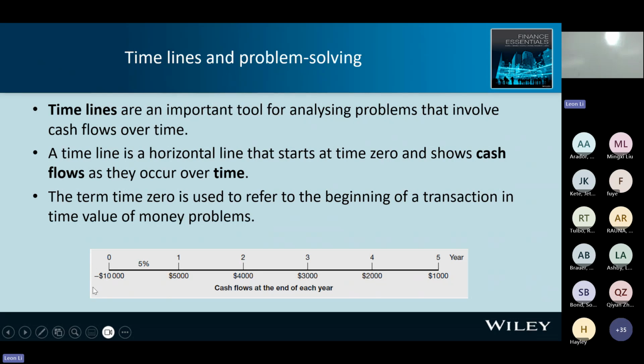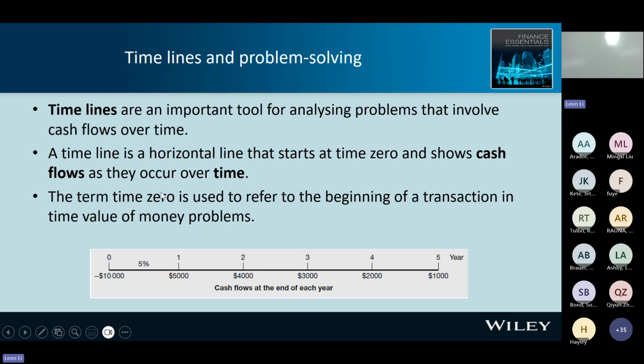Then you show the amount of money on the timeline. So negative means outflow. So year 0, we have a cash outflow, $10,000, for example. Then year 1, 5,000 positive inflow. So you can use the timeline to show cash flow as they occur over time.